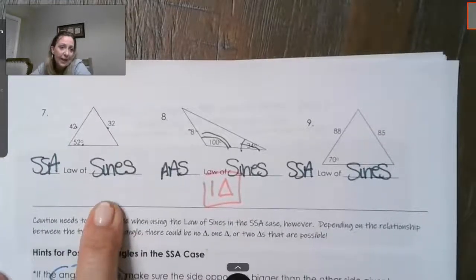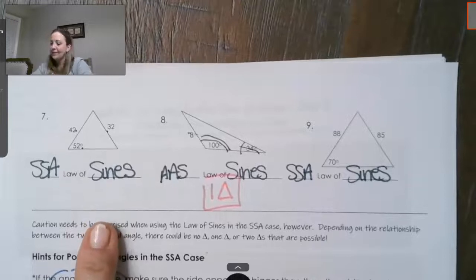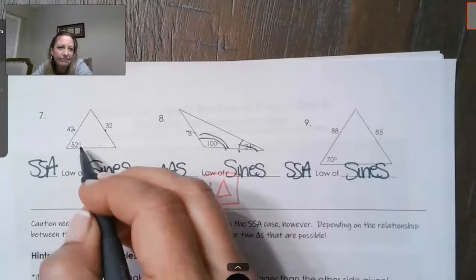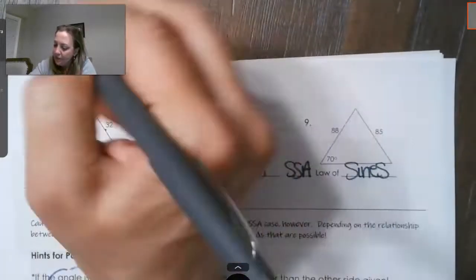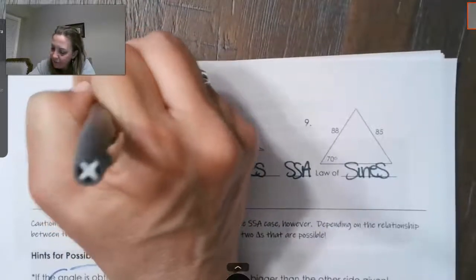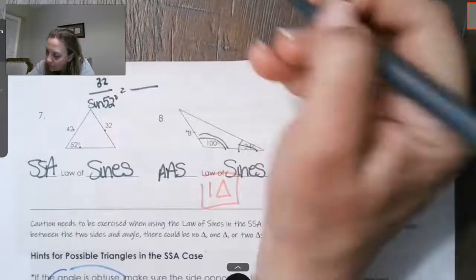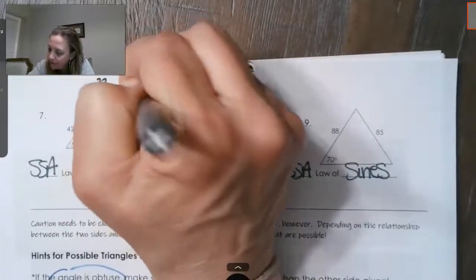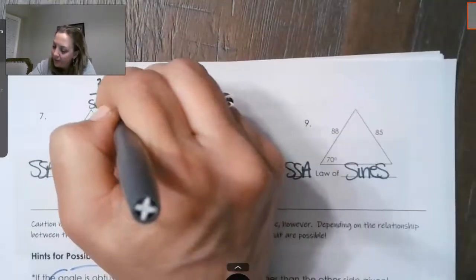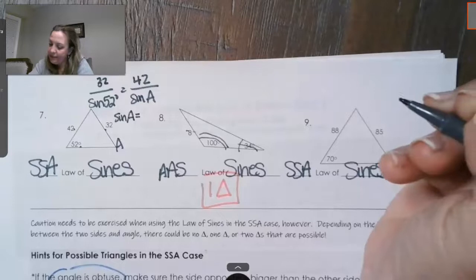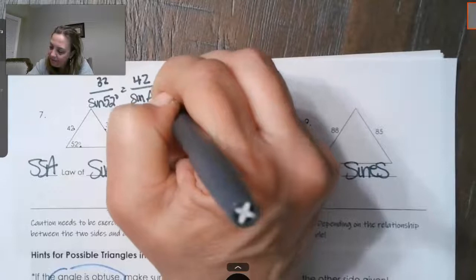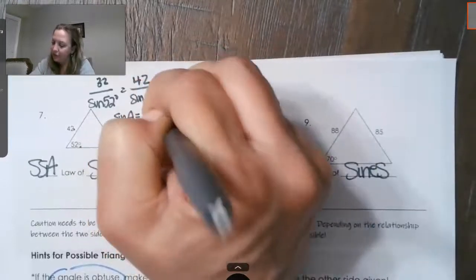Let's try these next ones. Example 7, because this was a side-side angle case, I look, it's not an obtuse angle. So that means I've got to set it up. So I've got 32 over the sine of 52 degrees equals 42 over the sine, again, I'll call that A. Okay, so we have that the sine of A is going to be 42 times the sine of 52 degrees over 32.